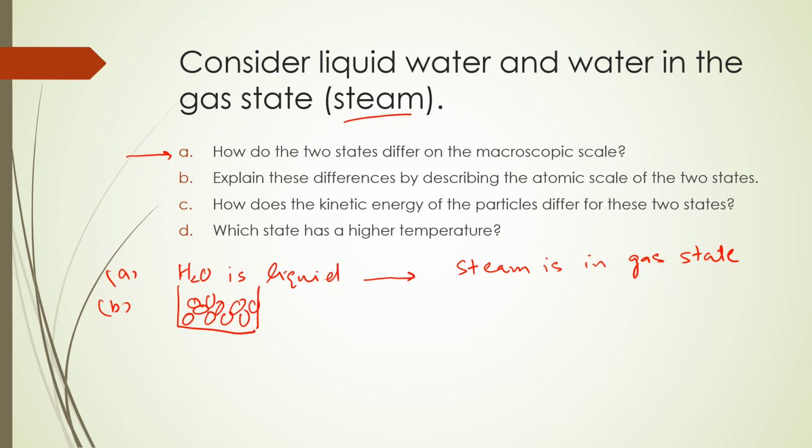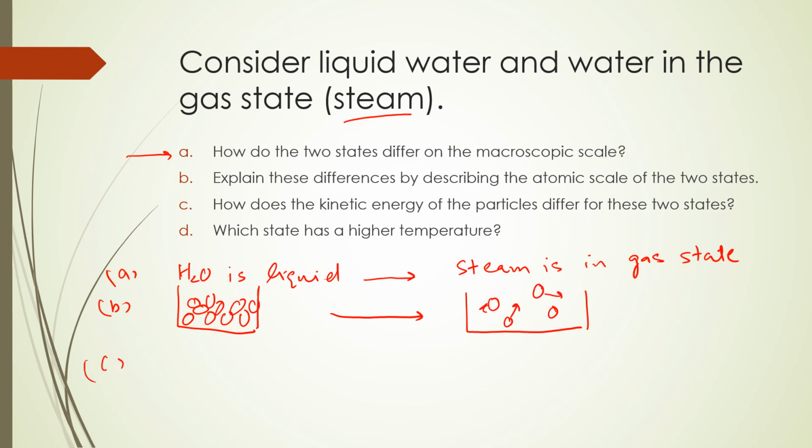That's what happens in liquids at atomic scale. But when it goes from liquid to gas state, the particles are free from each other. They are not in contact, there are large distances between one particle and another, and they are moving randomly.